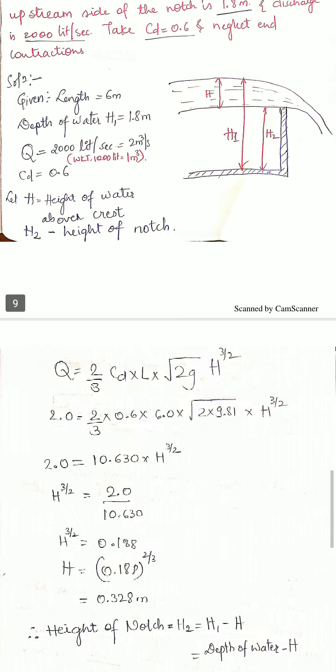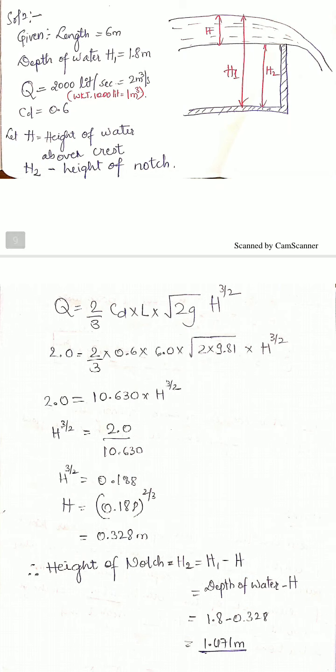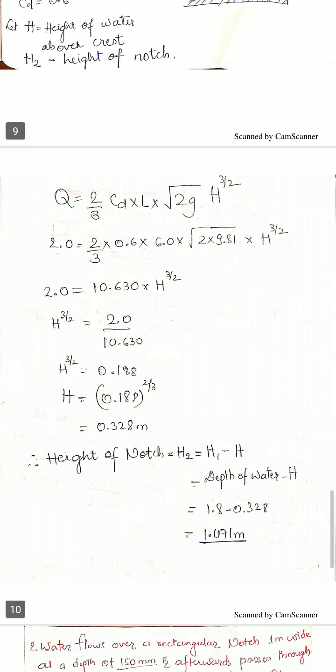First we'll find H. Putting into the equation Q equals 2/3 Cd into L into square root of 2g into H to the power 3/2, and substituting all these values, we get the height of water above the crest as 0.328 meters.